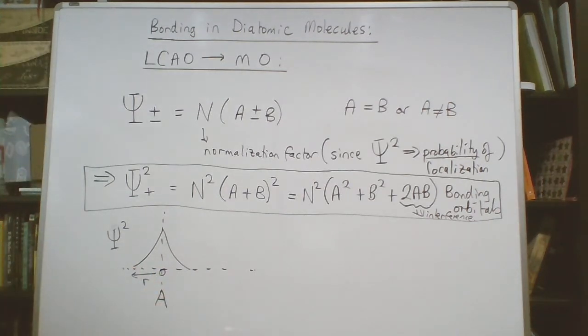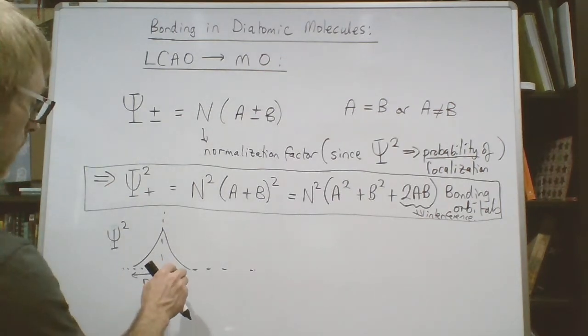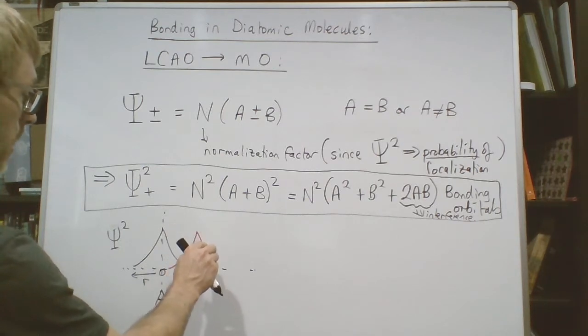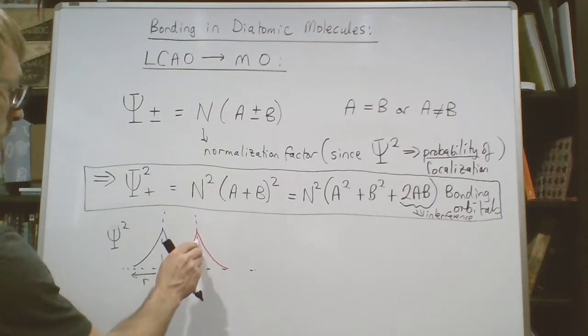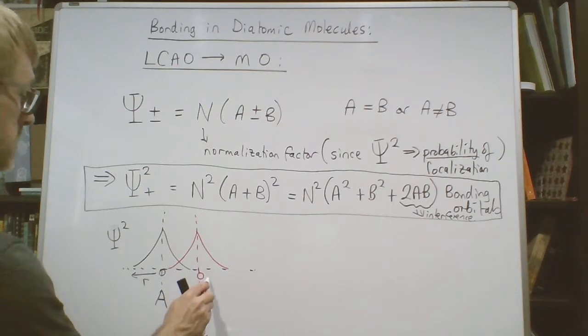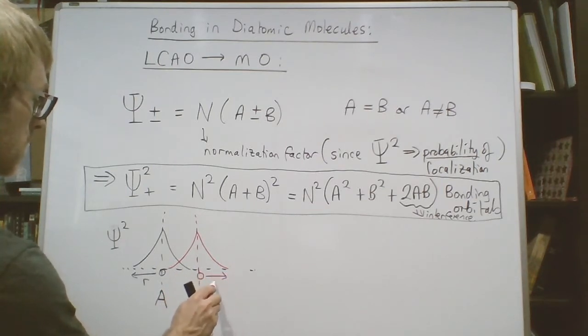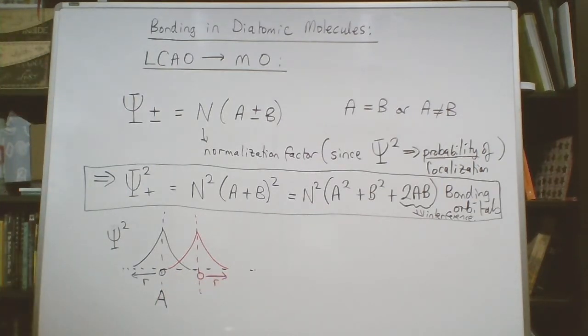Okay, and then we could have, I'll do it in red. Again, let's say this is the nucleus, this is the radial probability of finding the electron.